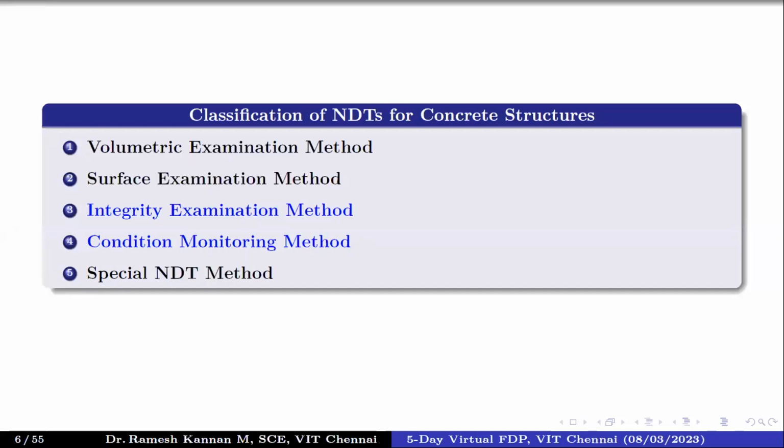Then condition monitoring. This is a recent terminology. People use IoT devices to understand the concrete parameters; people even do creep modeling using IoT devices.